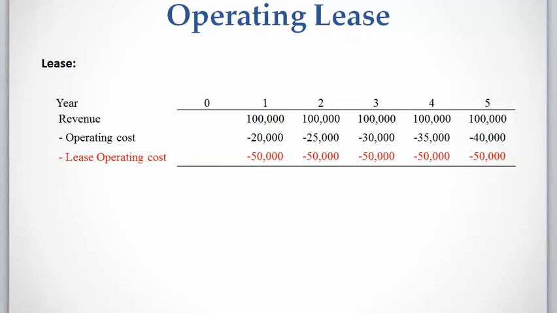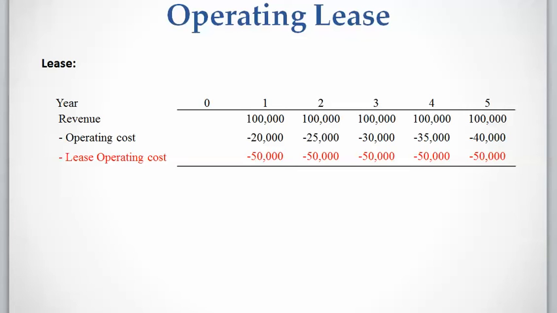The next is going to be the lease payments. If we use the operating lease, we are allowed to deduct these lease payments in full amount in the year that it happened. We can deduct them from revenue as tax deductions.